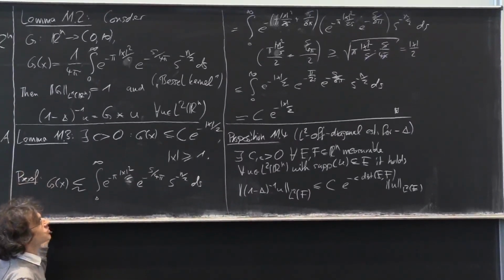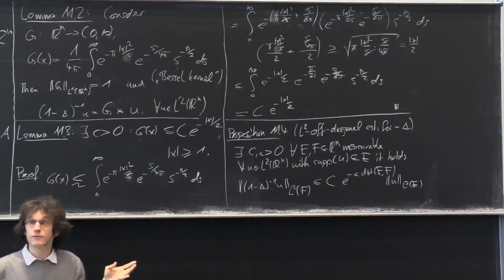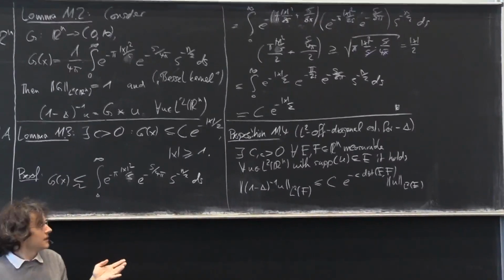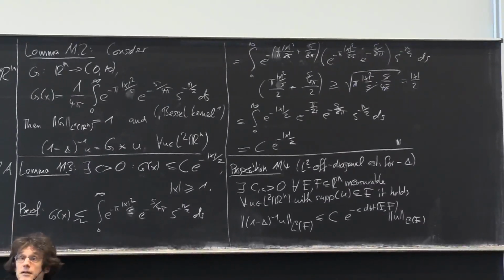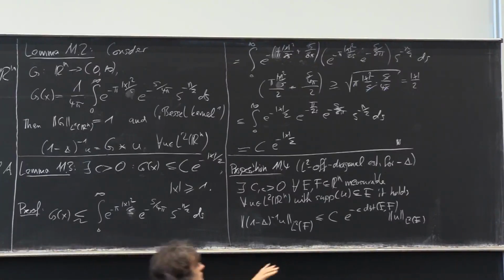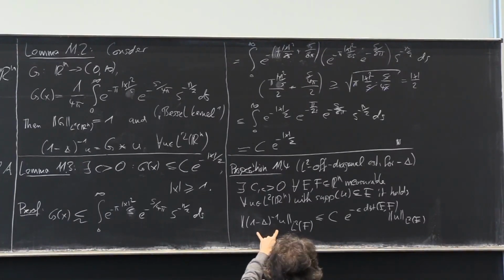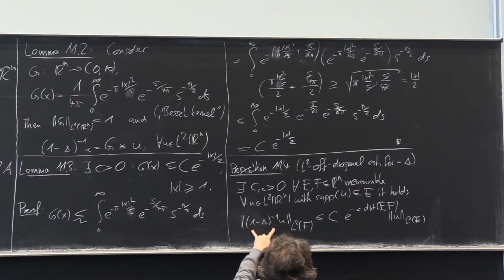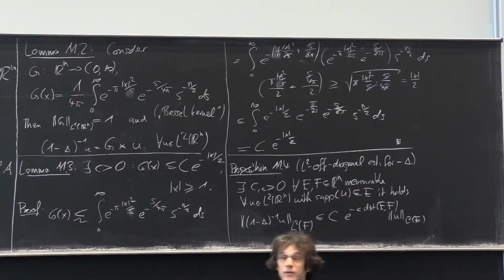And this is of no new information if, for instance, E and F are the same set, because then this is just the usual estimate that you get by M-accretivity of the operator, that the resolvent is bounded by some constant. So the interesting case is when E and F are far apart.